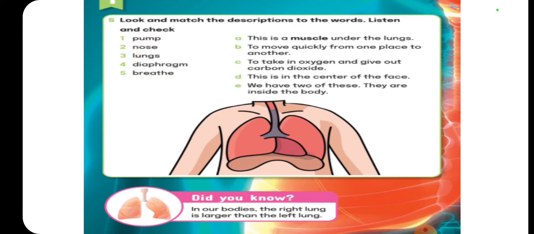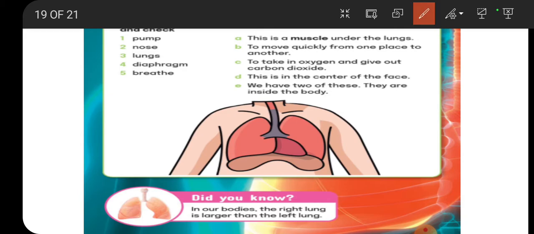Pump here means to move quickly from one place to another. Number two, nose. Nose is in the center of the face.